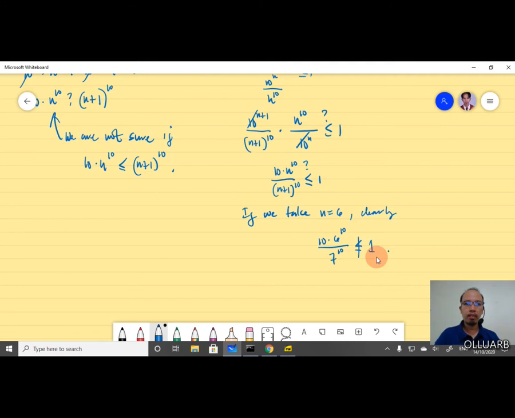Okay, so therefore a sub n is not decreasing for all n greater than or equal to 1.